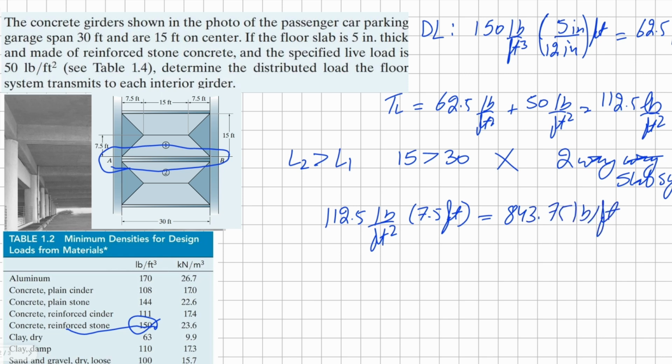Now that we have this value, we can find the intensity on the girder. That would be simply multiplying our value by 2, and it comes up to 1687.5 pounds per foot.